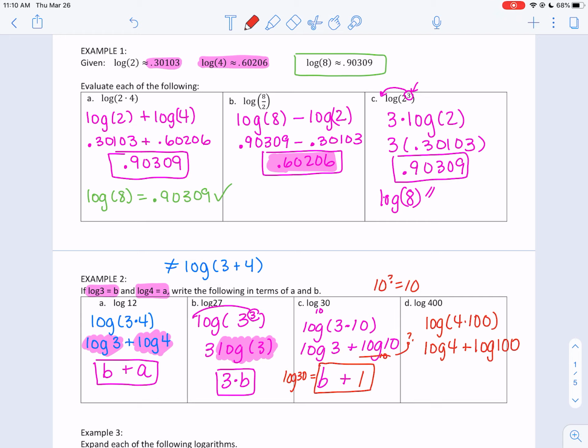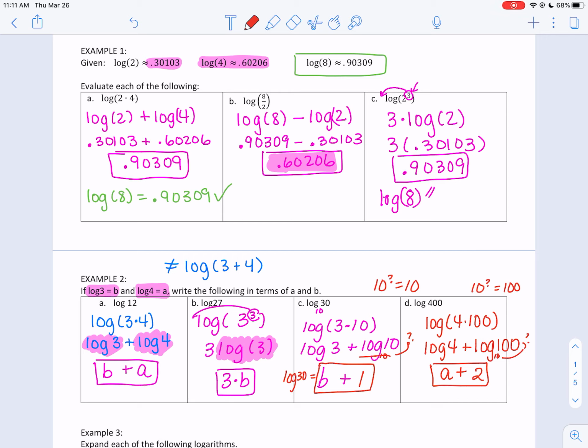We know that log 4 is equivalent to a from above, and log 100, in order to evaluate that, ask yourself, 10 to what power is going to give you 100? And that would be 2. So log of 100 is equal to 2. This expression, therefore, is equal to a plus 2.